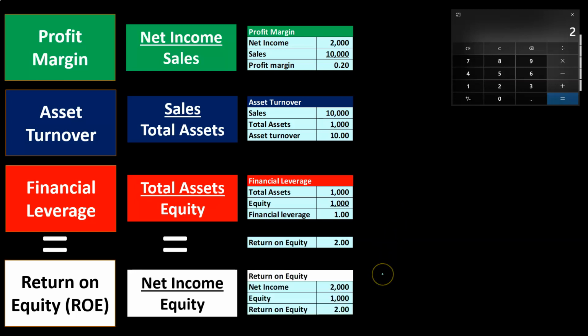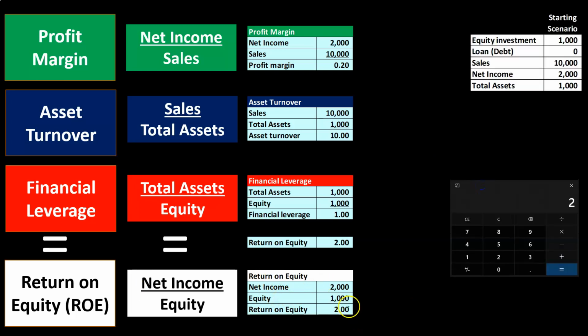And then if we calculate the return on equity here, note that if we do the simple calculation on the one-step scenario, instead of breaking it out, we would get the net income of 2,000 over equity of 1,000, which once again is 2. So notice you also can see here that if we take a look at these first 2 items, we'll see later that this will be equal to return on assets, which we'll take a look at.